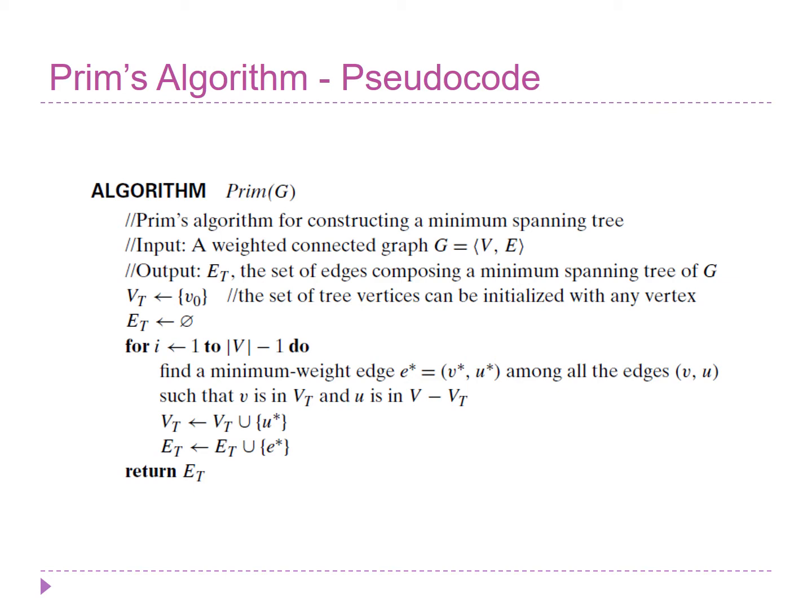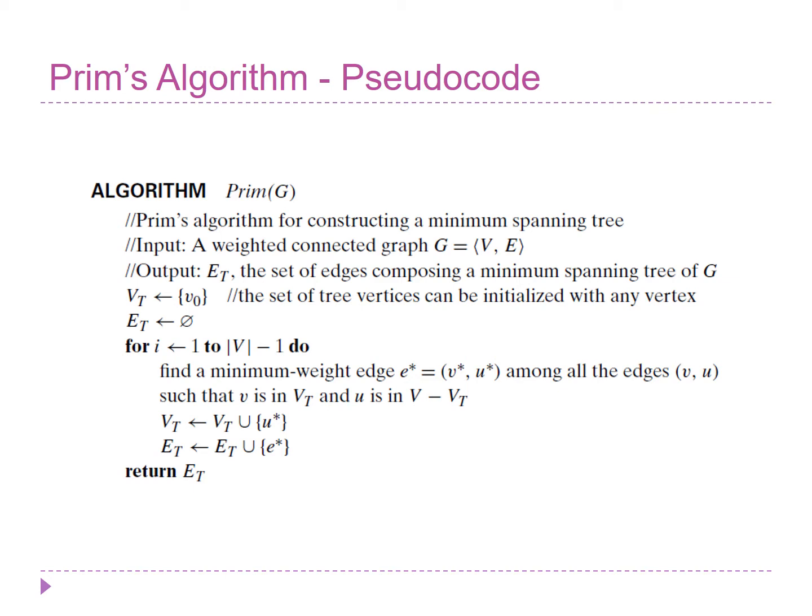The minimum edge is represented by the set v*, u*. v* is the currently included vertex and u* is the vertex to which it is connected with the minimum weight.